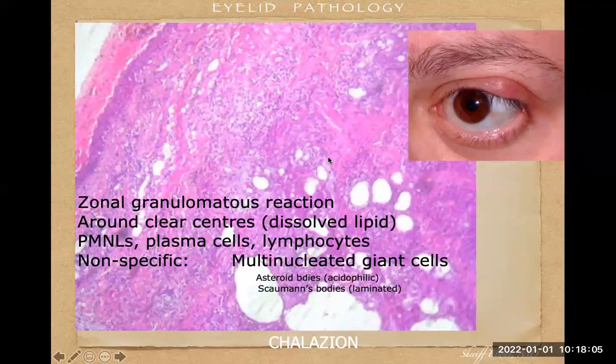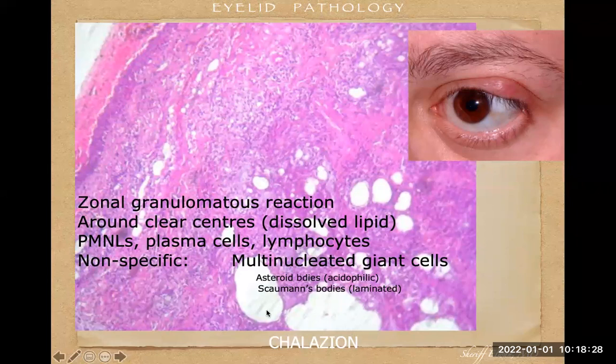And I'm sorry, granulomatous inflammation, not granulation tissue. Again, it's with formation of a granulomatous reaction. And this granulomatous reaction is zonal in nature, meaning it is not involving the whole meibomian gland, but part of it.